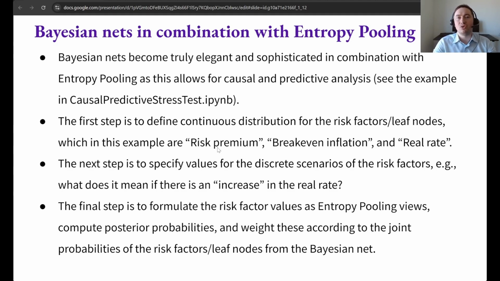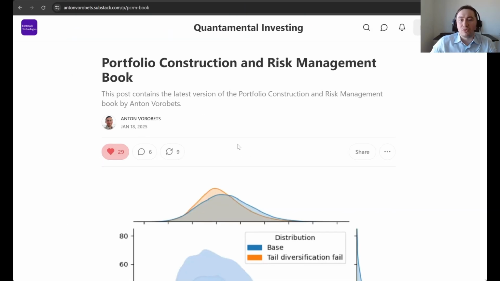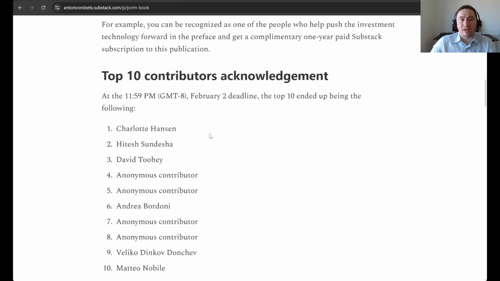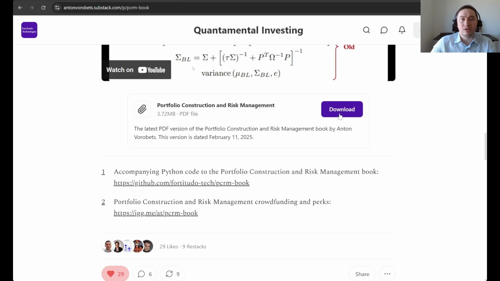The mathematics though can be quite complicated, and you can read the full documentation of it and how it integrates into the next generation investment framework. It's of course given in the portfolio construction and risk management book. So basically if you go to this post on Substack and you scroll down to the bottom, you can download the latest version of the book, and then here in chapter 5 everything is presented in a coherent way.